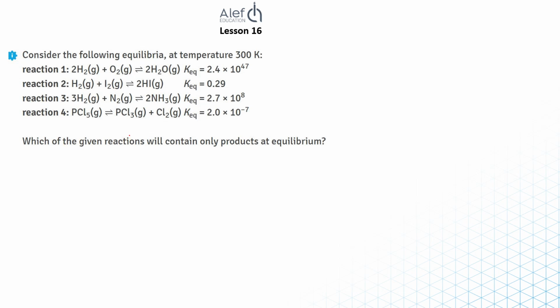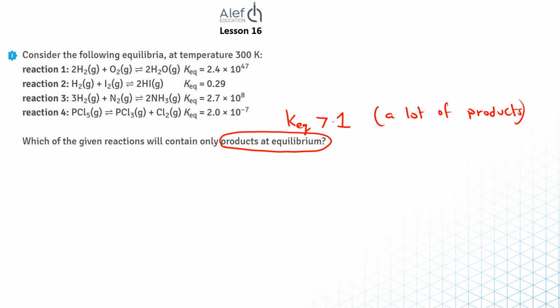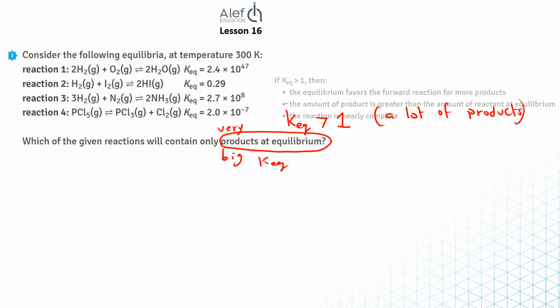So remember, if K equilibrium is more than 1, then you have a lot of products and small amounts of reactants. Remember, we talked about this. So which one has a very, very big K equilibrium? Okay, that's the main point that you need to think about.